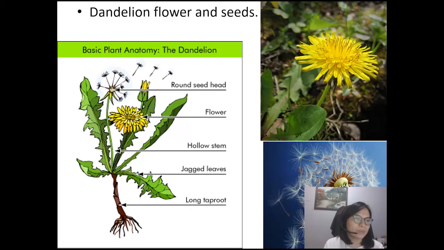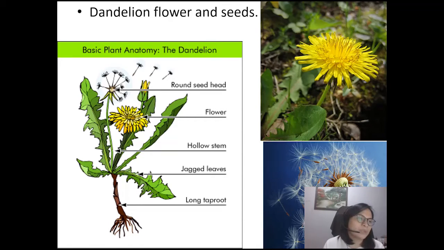But again, we have the flower as the main reproductive system of the plant, and then we have the stem that is able to transport or pinapadaloy nito ang nutrients that can be found in the root or ang ugat and sa dahon, which is the leaf.